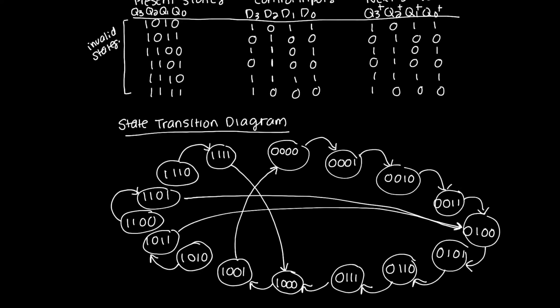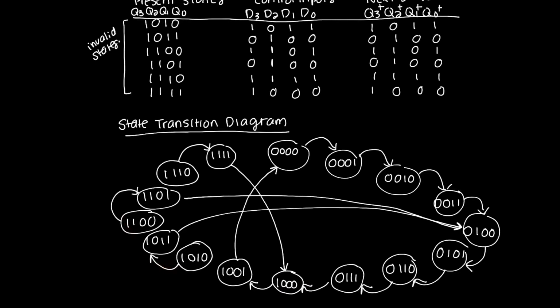So my final state transition diagram looks like this. And notice that regardless of which invalid state I end up in, if I happen to power on my flip-flops and they just happen to be in one of these invalid states, I will always have a path back.